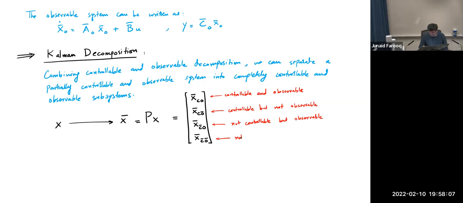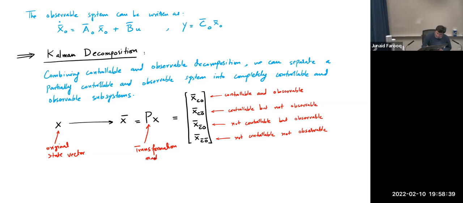And these states are not controllable and not observable. So if this was the original state vector, then using a transformation matrix P, this can happen. So we will briefly see what type of matrix can do it.